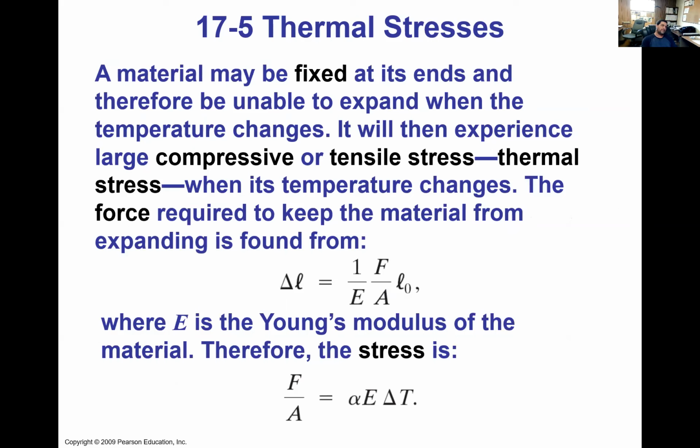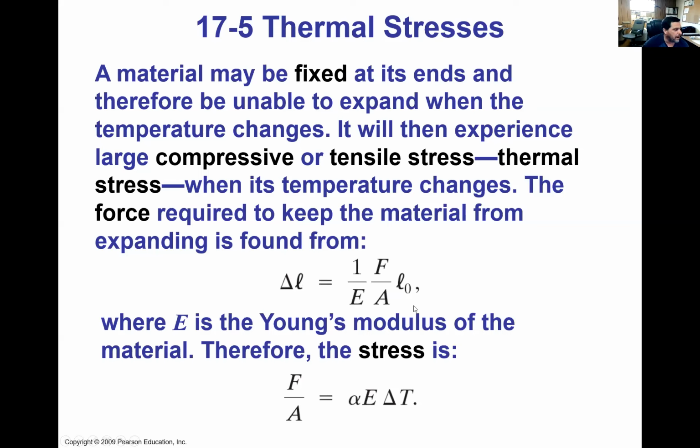Thermal stresses. A material may be fixed at its ends and therefore be unable to expand when temperature changes. It will then experience some compressive or tensile stress that is due to thermal stress. It's due to the change in temperature. The force required to keep a material from expanding, right, is given by delta L. And if you remember, delta L is Young's modulus, right?